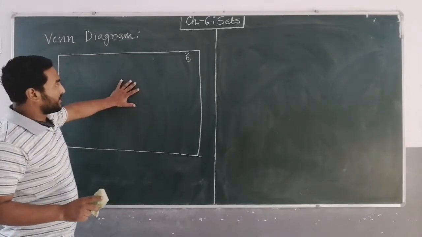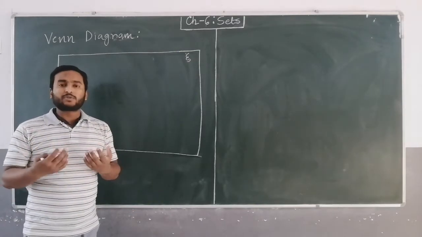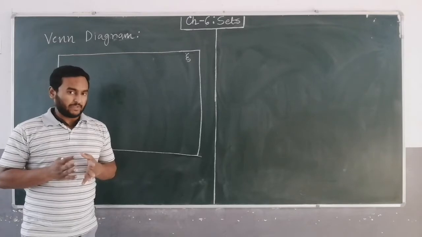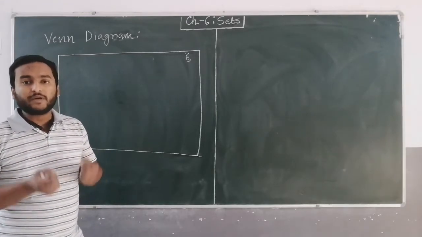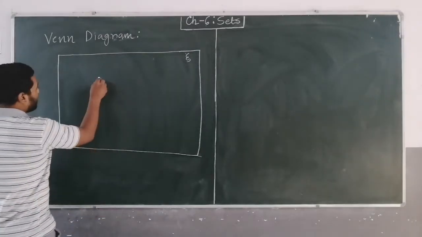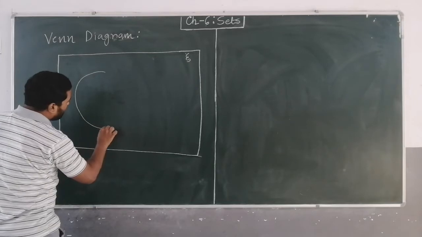Now suppose two sets, A and B, are given. Then the sets are represented in the form of circles. If you want to represent a set, you have to make a circle here.